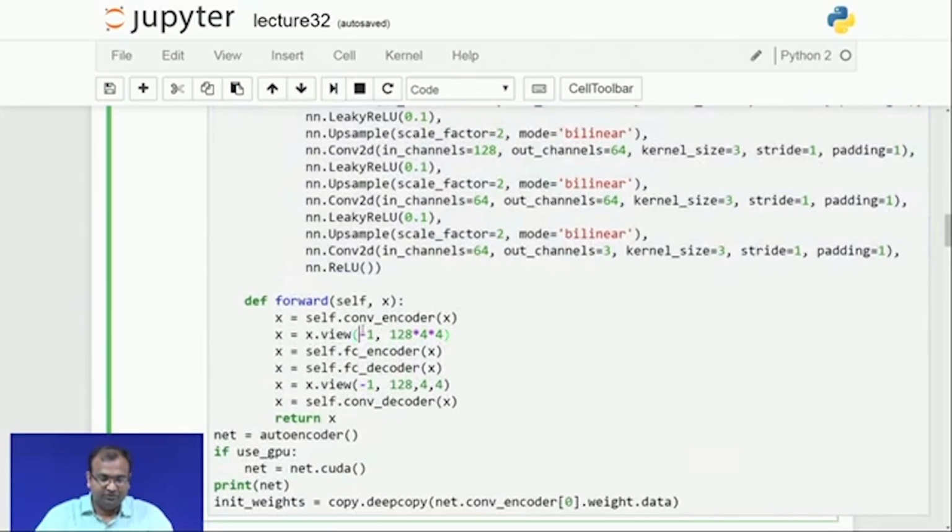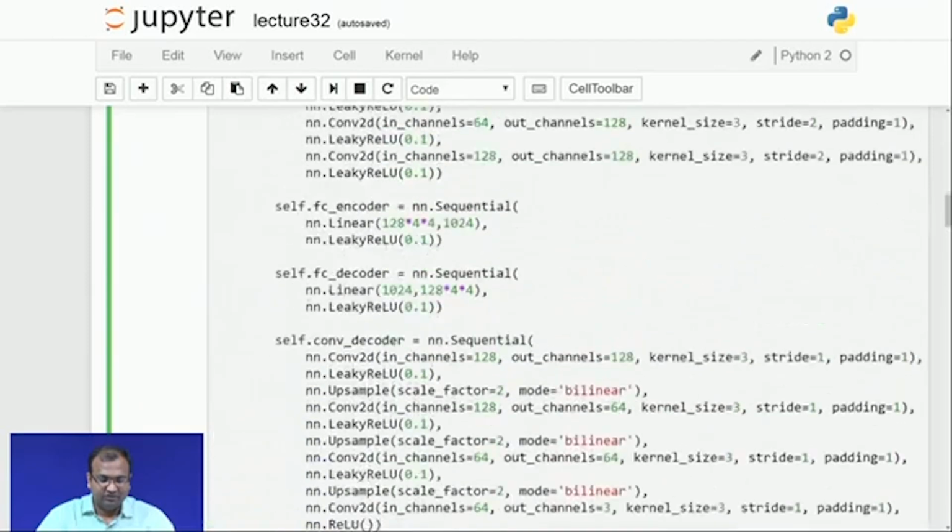Now, when I do a feed forward, first I feed it through the convolutional encoder block. Once it comes down from there, I need to linearize each of them, and that is done using the view function, which casts all the neurons into one single linear layer. Then it feeds through the fully connected encoder and decoder.